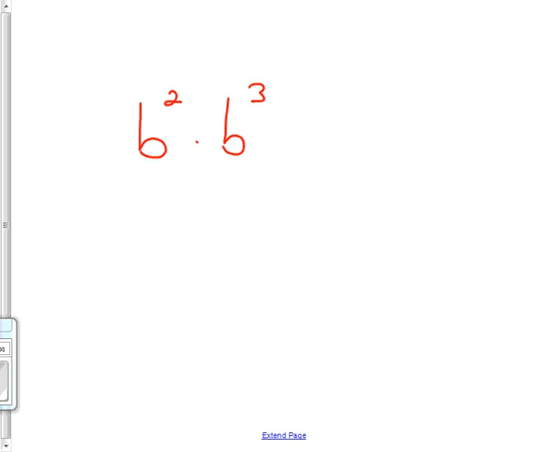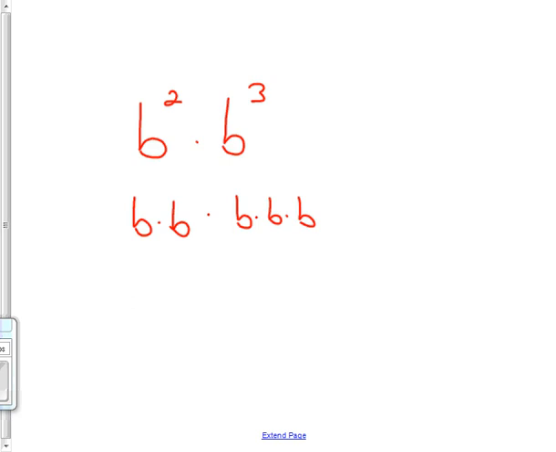Like b squared. That's like this, isn't it? And b cubed, what's that like? B times b times b. And then if there's a times in between them, it's like this. Now you can look at that, and I bet you anything you'll know after reminding yourself by doing that, oh, it's got to be b to the fifth. It can't be b to the sixth.